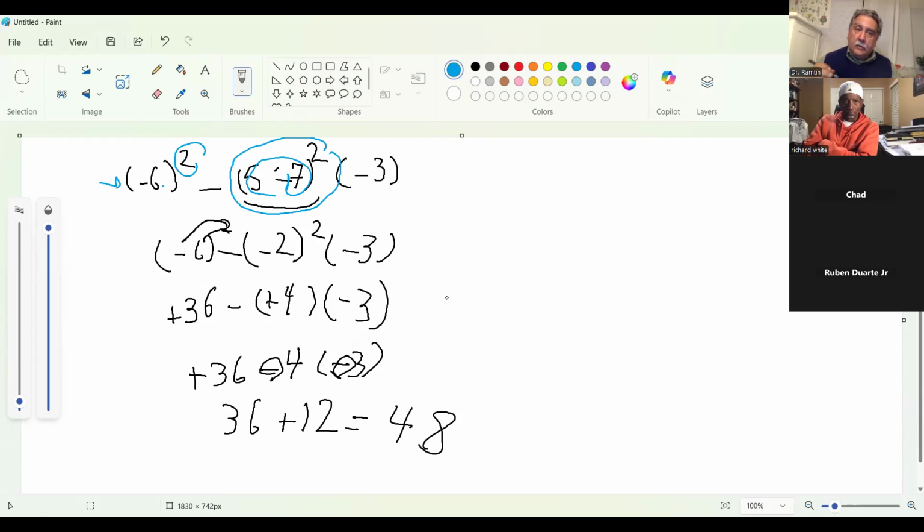And then we keep in mind plus times negative is negative, and negative times negative is plus. We keep that in mind, and we do all the multiplication and addition, and we get 48. That's the final answer. All right? Okay. Let's move on.